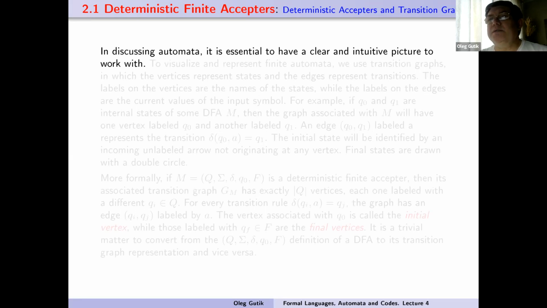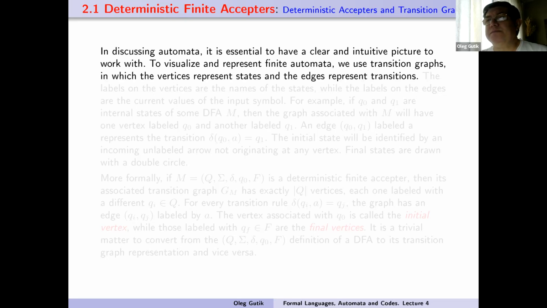In discussing automata, it is essential to have a clear and intuitive picture to work with. To visualize and represent finite automata, we use transition graphs, in which the vertices represent states and the edges represent transitions.